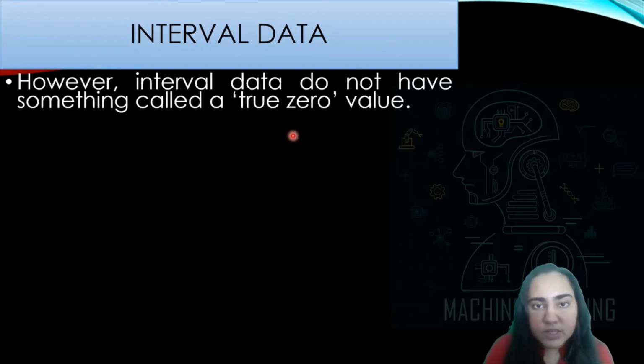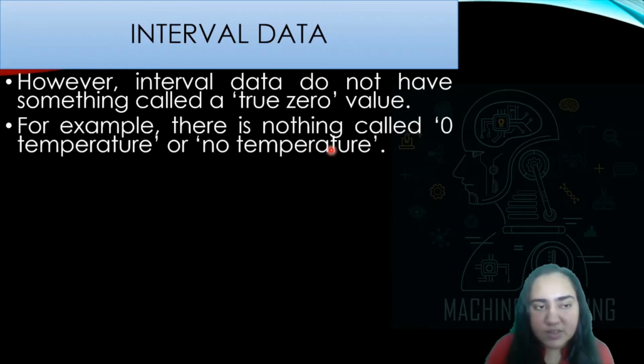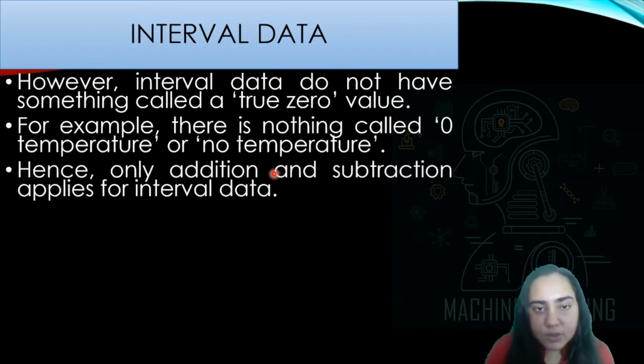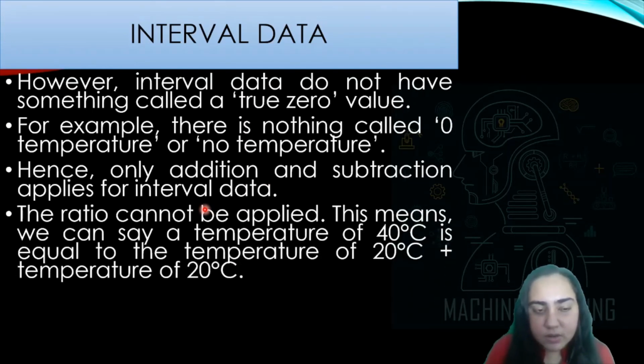Now, interval data do not have something called a true zero value. So for example, there is nothing called a zero temperature or no temperature. Hence, you can only do addition and subtraction for interval data, but multiplication and division are not possible, because there is no zero value.